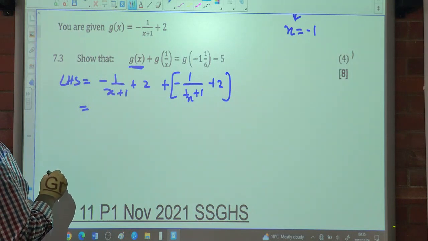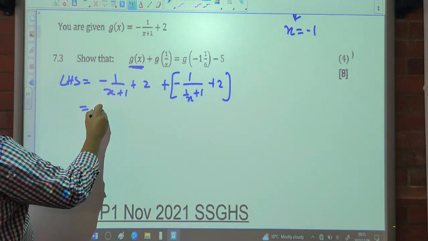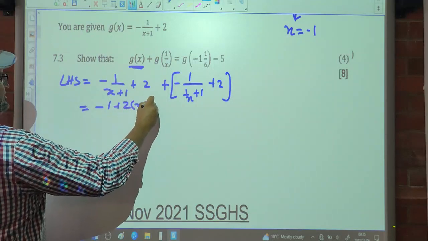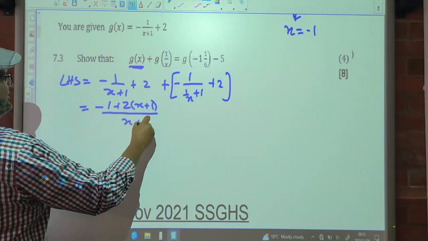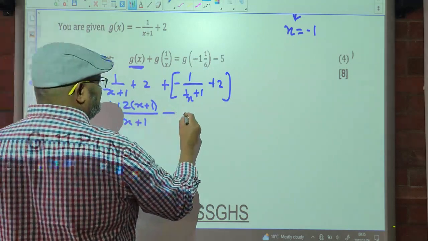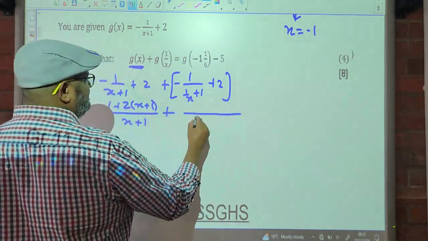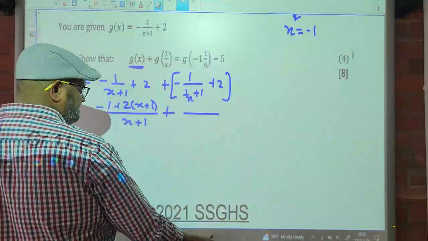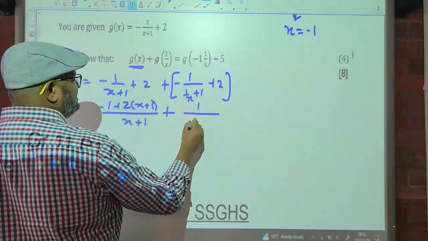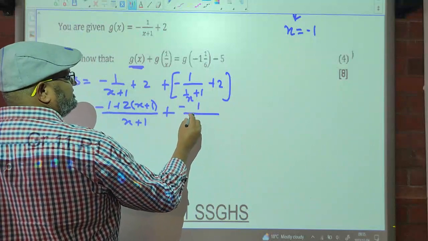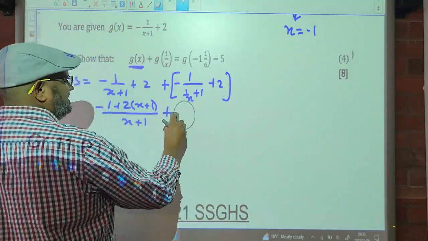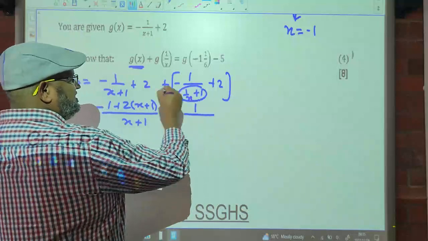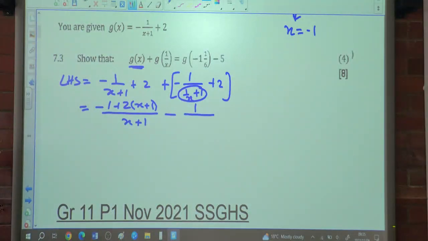This is simply going to be minus 1 plus 2 over x plus 1, all over x plus 1, plus... it's a long line, so I'm going to write the negative 1 times 1 over... What's the LCM in the denominator? x.